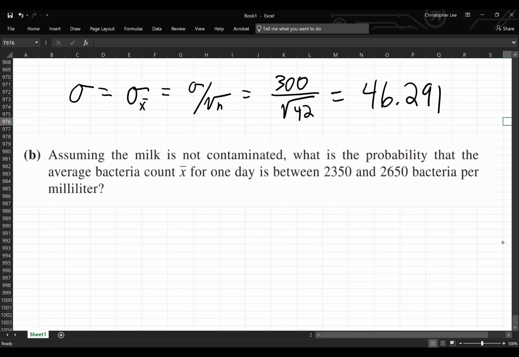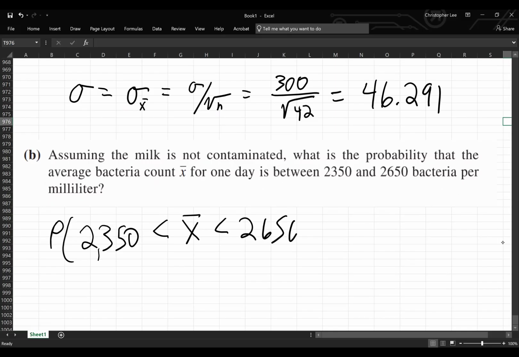So here's what they're asking you. They want to know the probability of 2,350 less than X bar less than 2,650.